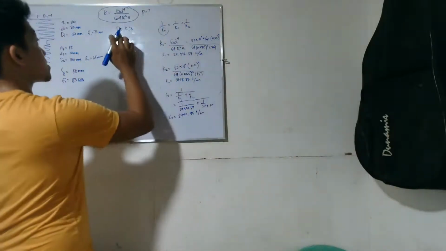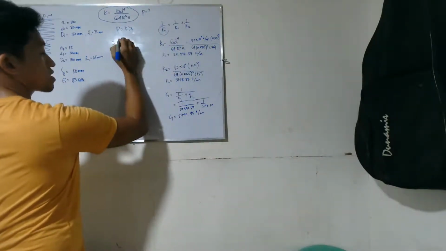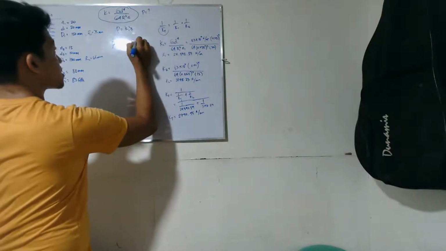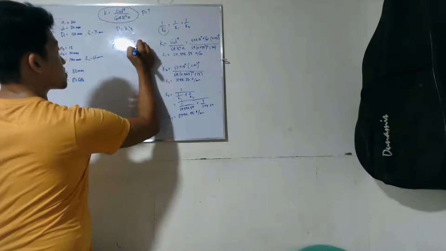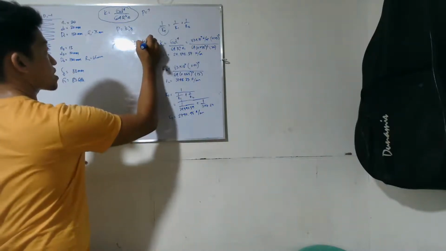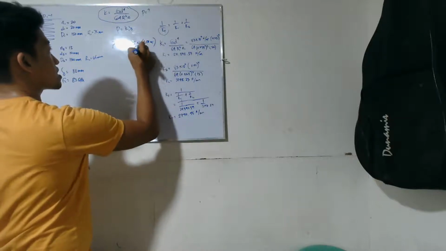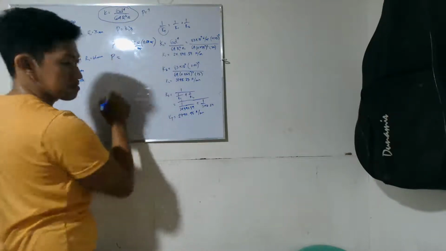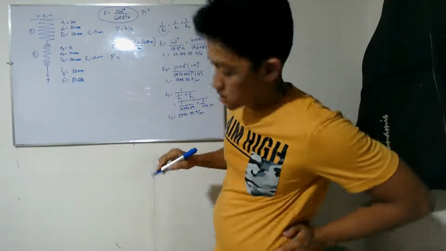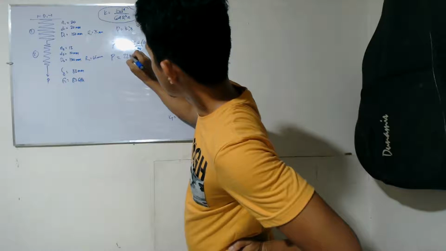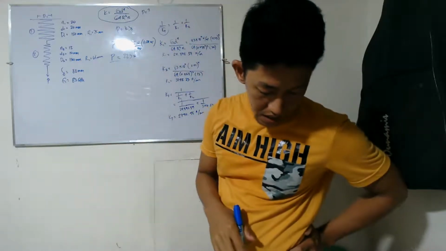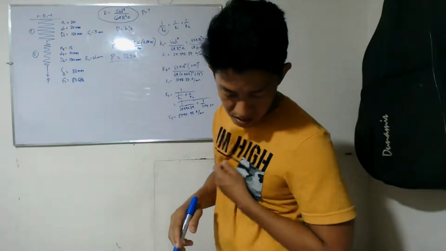Then we substitute here: P is 2790.95 newton per meter times 0.08 meter, and the meters cancel. P will be 223 newton.